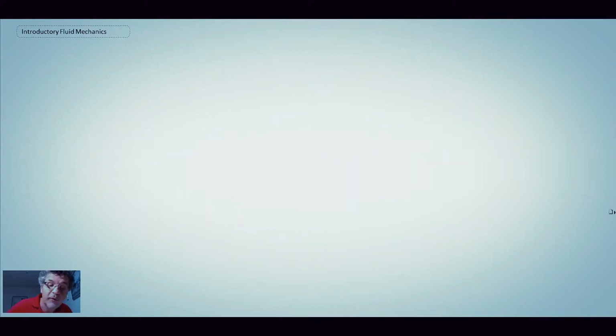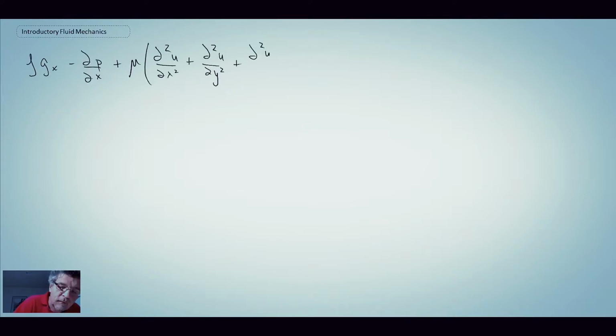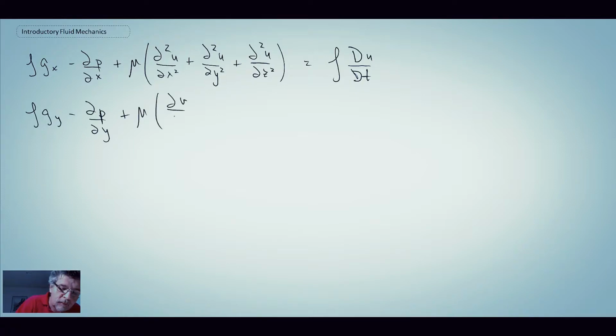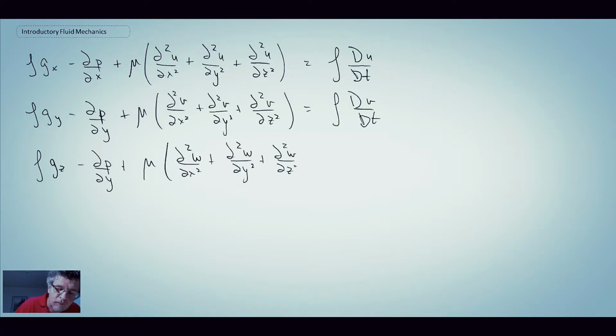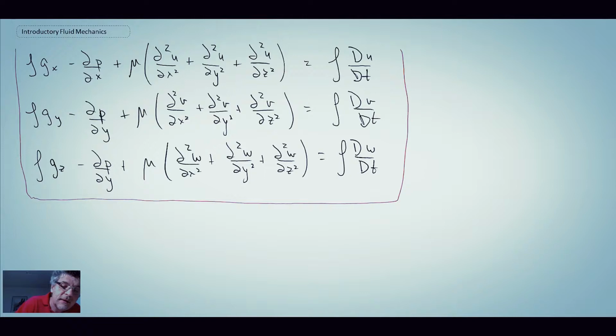So with those, we combine them all together, we put in the shear stress, and we end up with the following set of three equations. It's a vector equation. So we get that. I'm going to box it. And that is the Navier-Stokes equation.